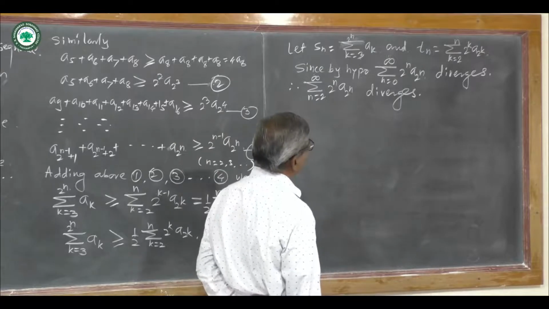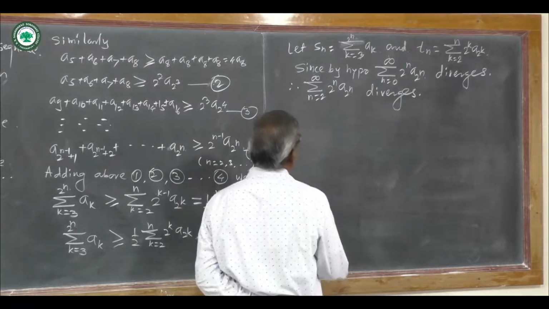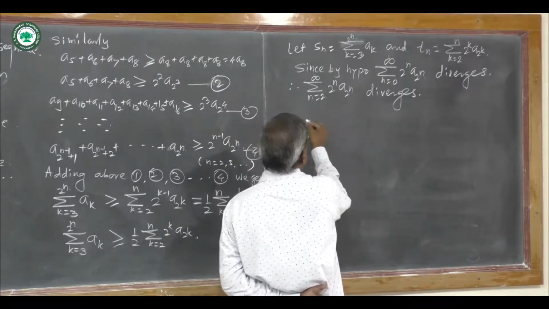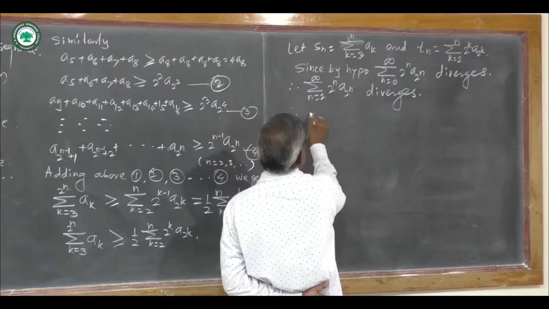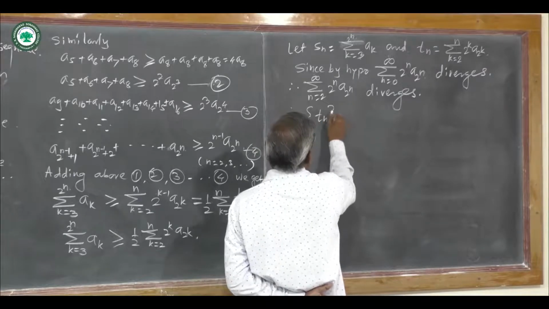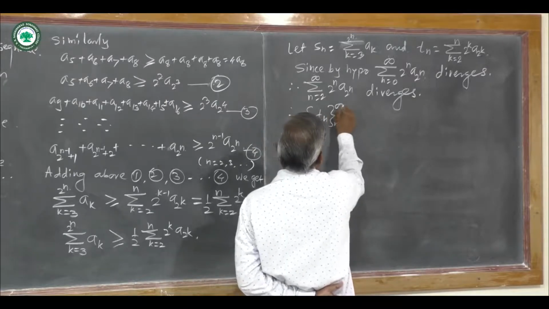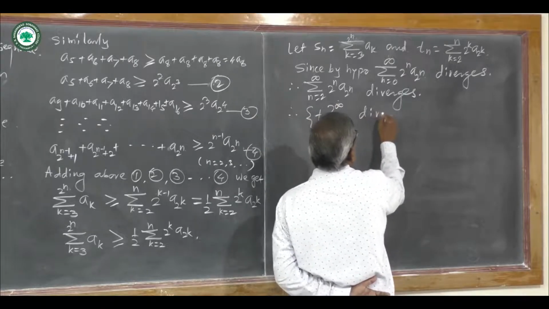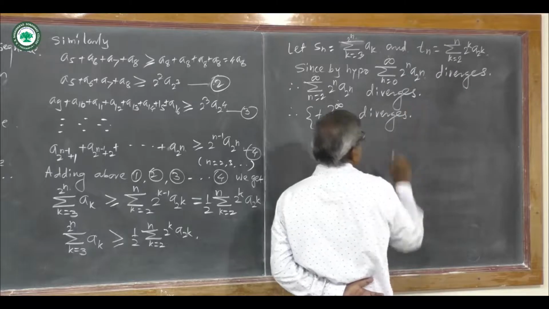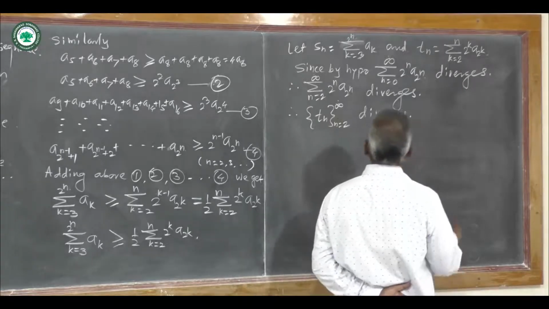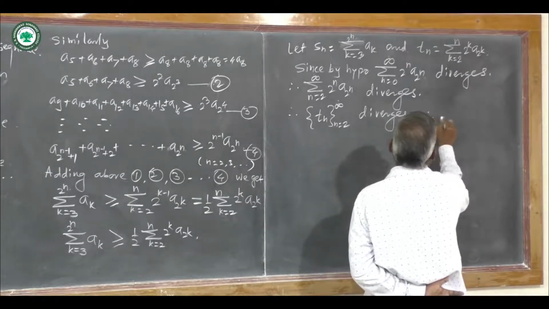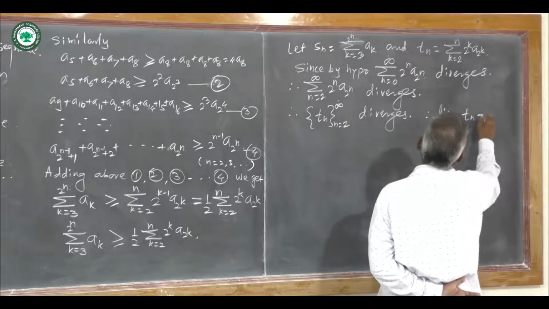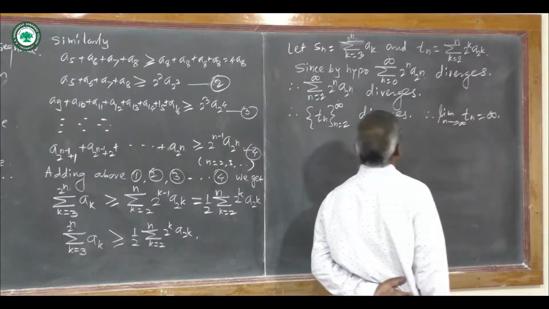Therefore, by definition of divergent series, sequence Tn, n is equal to 2 to infinity diverges. Therefore, limit n tends to infinity of Tn is equal to infinity.